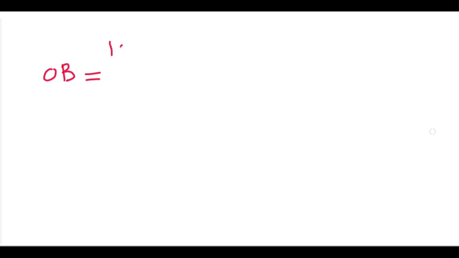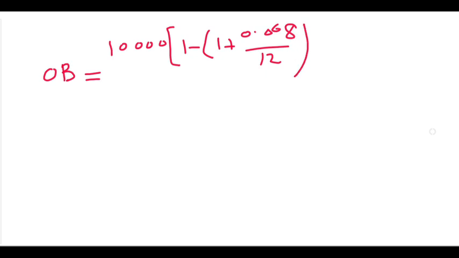10,000, he's paying every month. Big bracket 1 minus small bracket 1 plus i. The interest rate I'm going to use is the same one, 0.068 divided by 12, power negative 129.4190323.